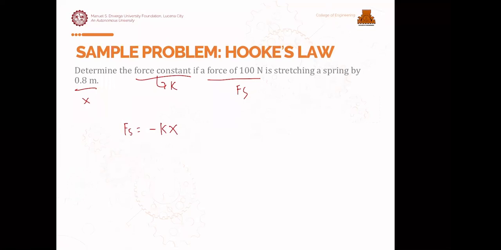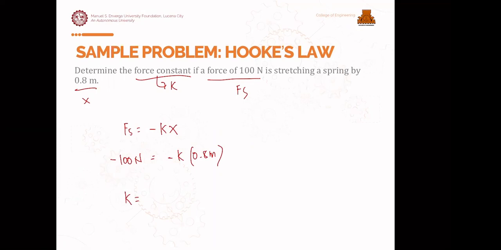Since the value of Fs should always be opposing, it should be negative. So, substituting, negative 100 Newtons equals negative k times 0.8 meters. So, our k value will be a positive value.